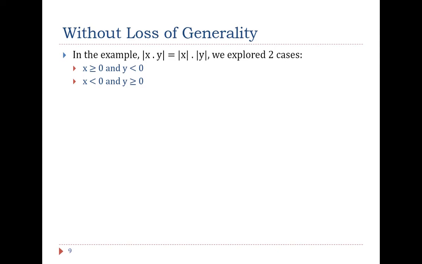It's sufficient to consider, let's say, the first one where x is positive, y is negative, and then you can say for case number 4, this is the same as case number 3 without loss of generality. But you have to be very careful once again because you're making a shortcut here, so you really have to be sure that these two cases are really equivalent.